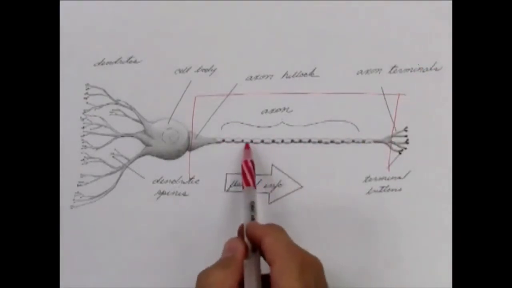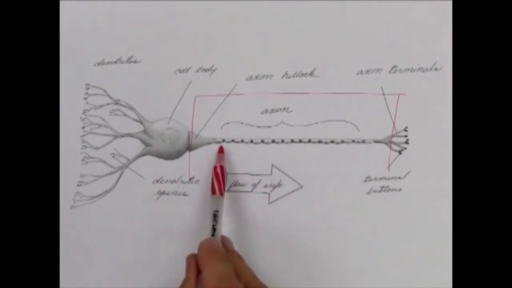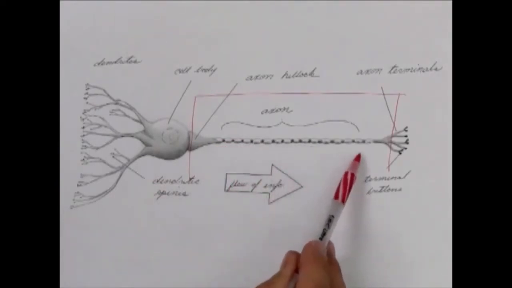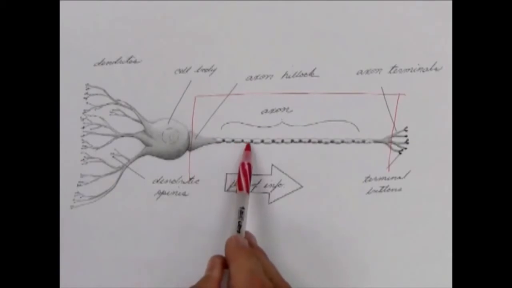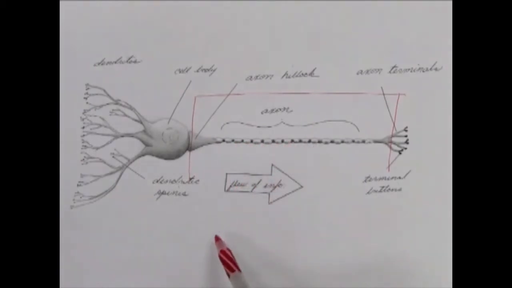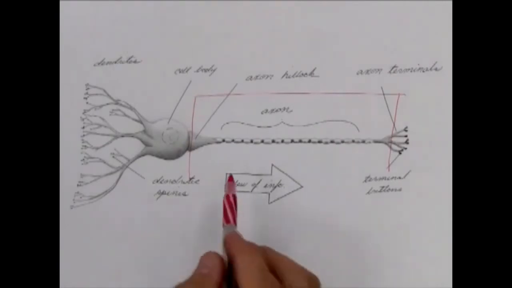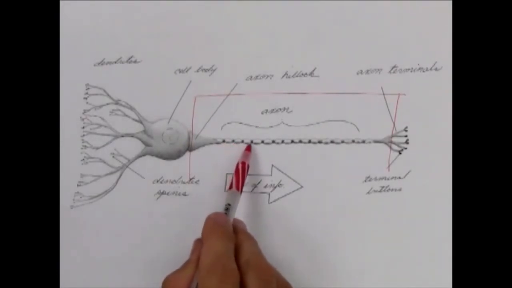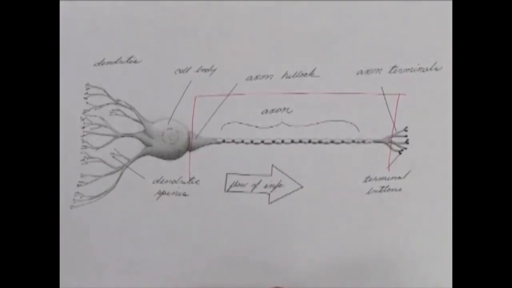This is the axon here. Again, information's going to flow from left to right. You see these little beads. These little beads are myelin. They insulate the axon. We have these little tiny exposed areas, what we call the nodes of Ranvier.